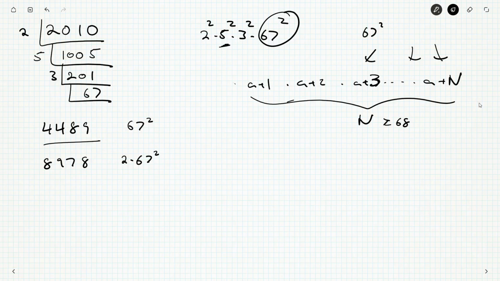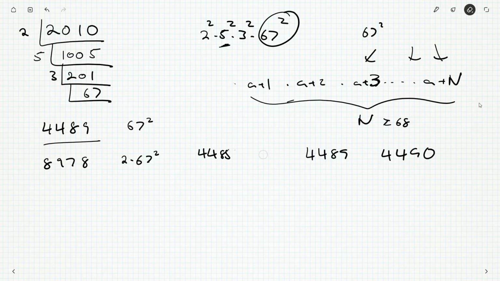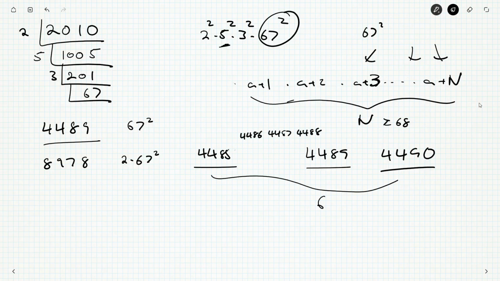So I've got to have at least 6 in my n. And now we could do something like 4489, we could have 4490, we could go down to 4485. And we'd need the numbers in the middle there: 4486, 4487, and 4488. So that certainly gets me my 2 factors of 5. I've got my factors of 67, and it only took 6 numbers.